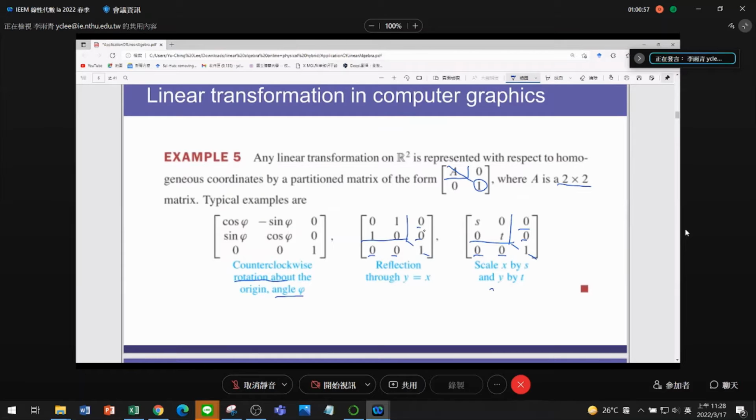This is the scaling matrix. 那这个是 reflection matrix. 那这个是 rotation matrix. 那这三个 matrix, these three matrices are on homogeneous coordinates. 所以它是三维的 so that they look like a three-dimensional 3×3 matrix rather than just a 2×2.